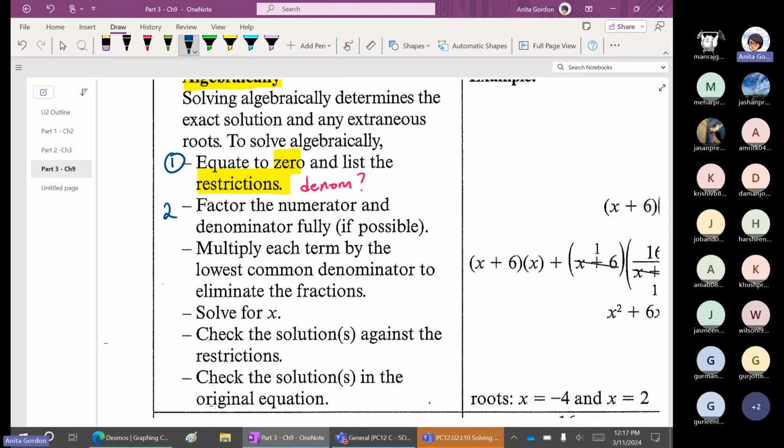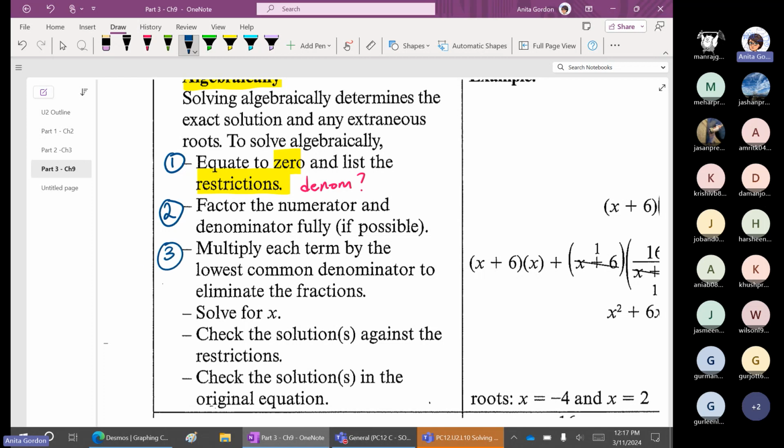Step 2 is we are going to multiply by the lowest common denominator, or lowest common multiple. We're going to find a common denominator, multiply everything so that we can get rid of it.